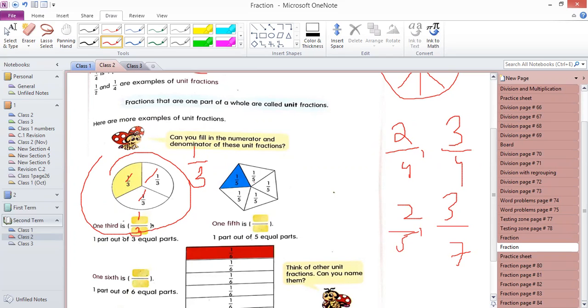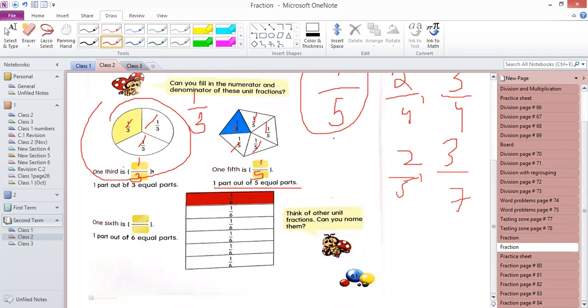Okay, look here. 1, 2, 3, 4, 5. There are 5 parts and the colored one is 1. So the fraction for the colored part is 1/5. 1 part out of 5 equal parts, and you can write it as 1/5.